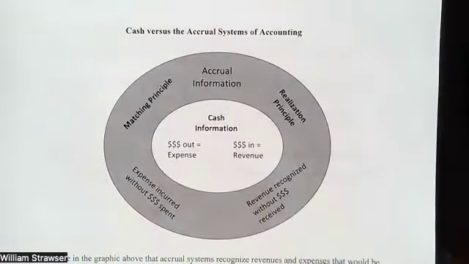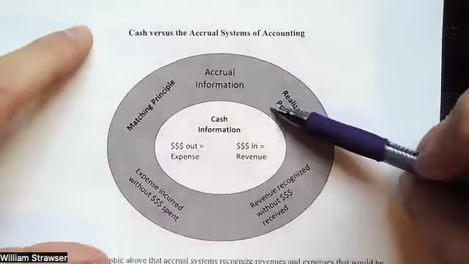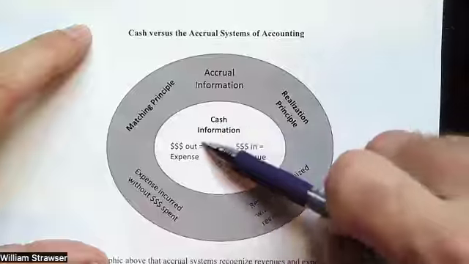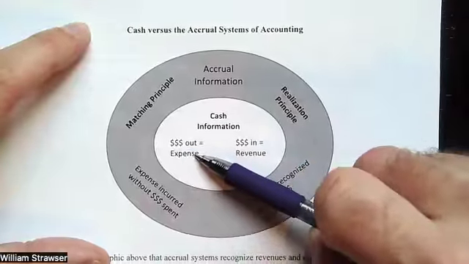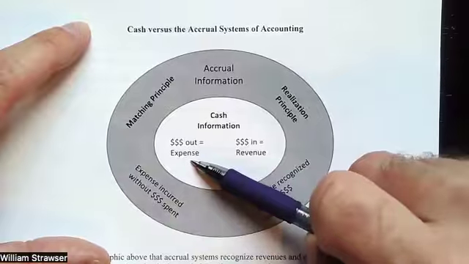When we're looking at a cash versus accrual system, the entire difference between these systems is based on when and under what criteria we recognize expenses and revenues. In the cash system, when the company spends cash, they record that as an expense.